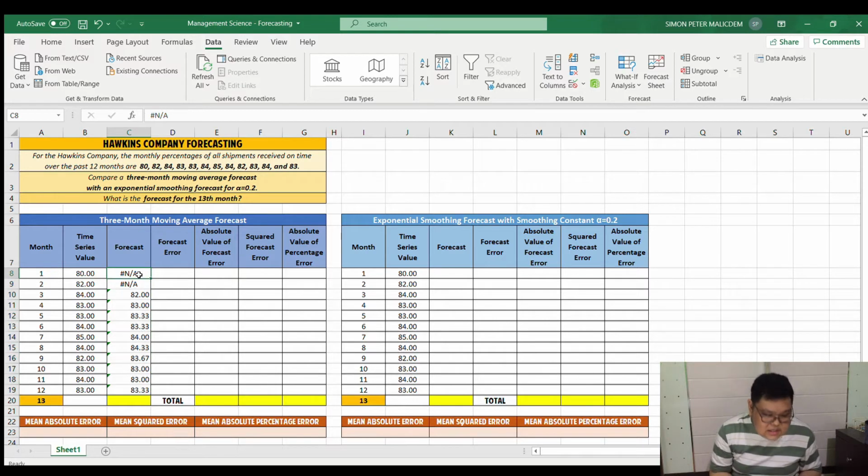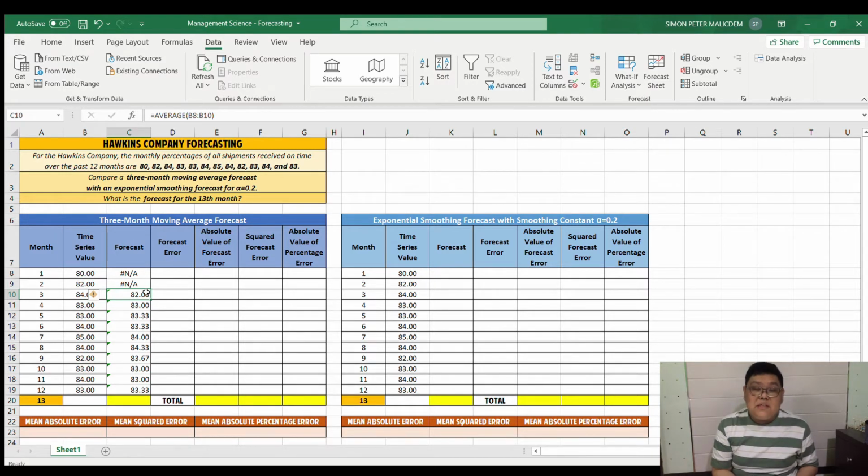As you can see, there are only 2 intervals, which is already wrong because our goal is to have 3 intervals. So when we have the average of the first, second, and third month, we expect to have a forecast in the 4th month. So this is wrong. 82 is the average of the first, second, and third month, which should be the 4th month's forecast.